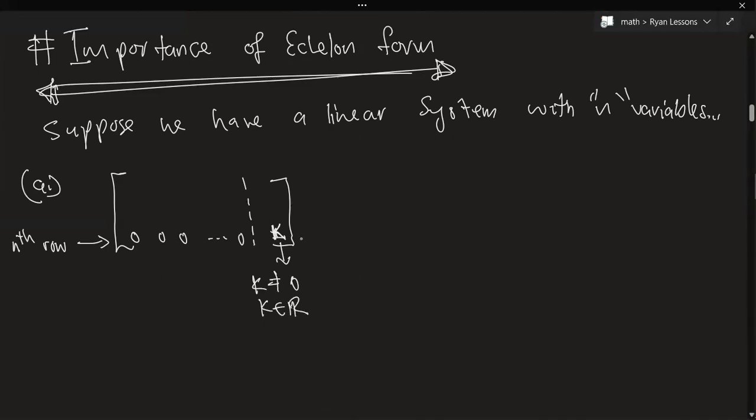This is one of the things that may arise when you are given a system of n variables and you express it in echelon form.